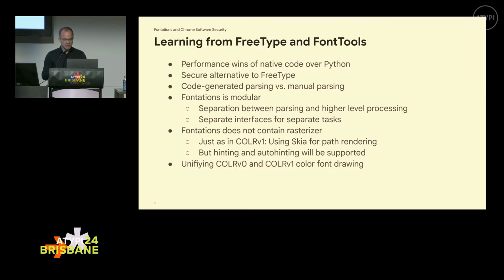We keep parsing separate from higher-level processing. Font parsing is in its own module, and interpolation, scaling, and all these are in a separate higher-level module. So depending on what you need, whether you need to modify really the lower bits of the font, you can use that library for it. If you want to rasterize display fonts, you can use the higher-level functionality that's in Skrifa.